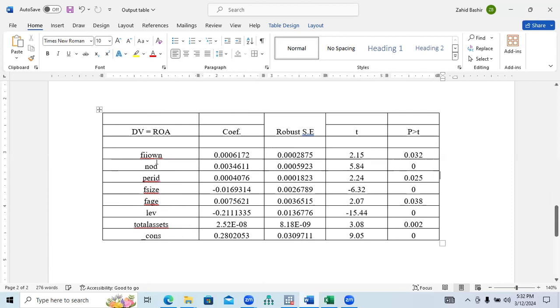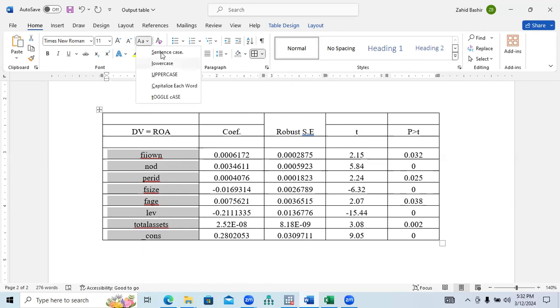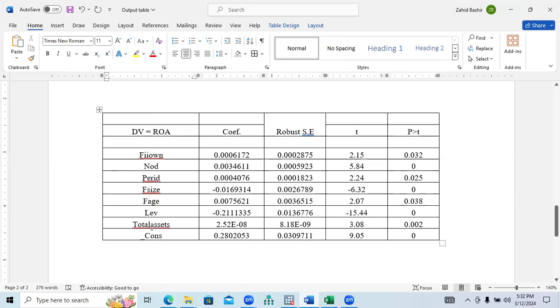You can make them in the capital wording, like you go to this option and you can select sentence case, and it will capitalize the first letter of your variables. You can make them left aligned.